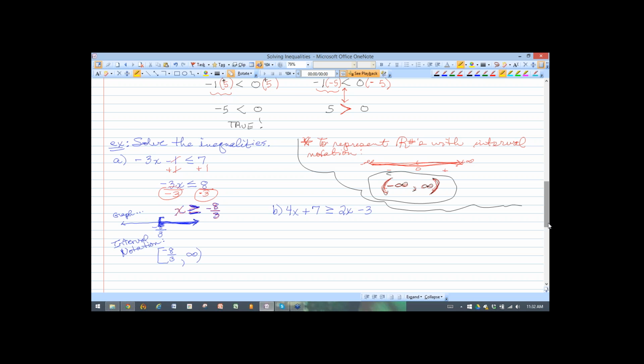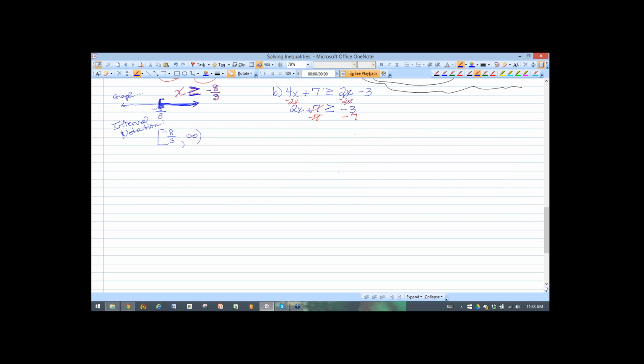So I could subtract 2x from both sides. You may want to keep doing 1, negative 3. And now we're going to subtract the 7 from both sides. Let's keep the sign, greater than or equal to, and negative 10.